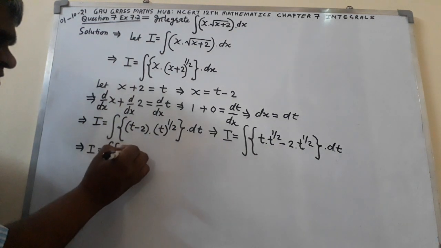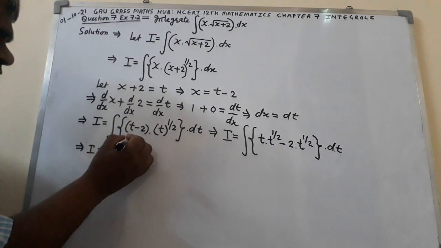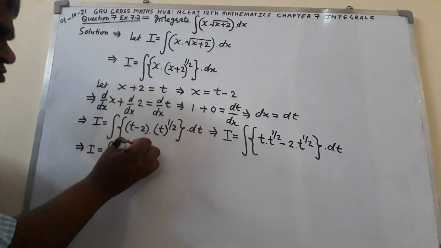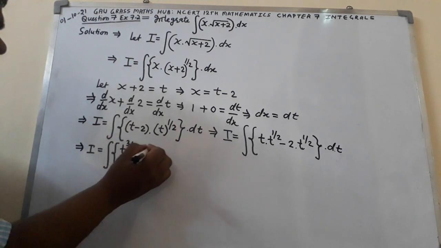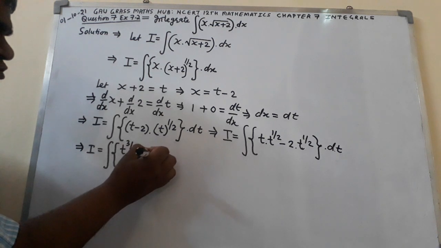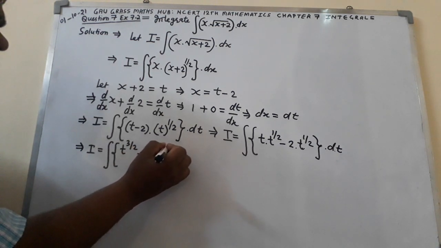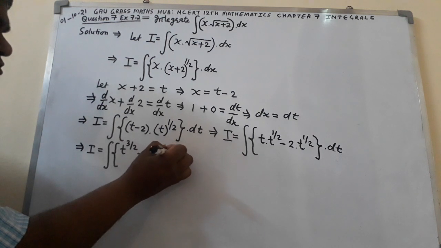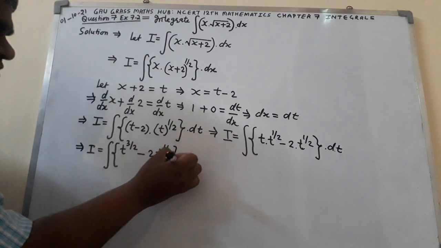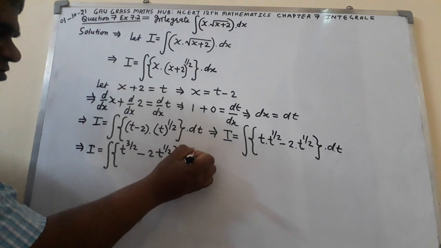So here write t raised to the power 3 over 2 minus 2 t raised to the power 1 over 2, curly bracket close, dot dt.